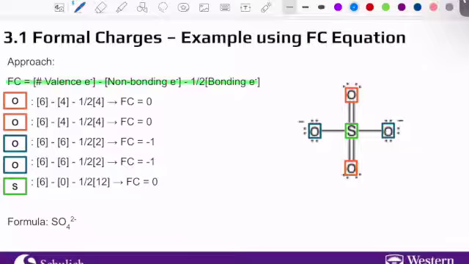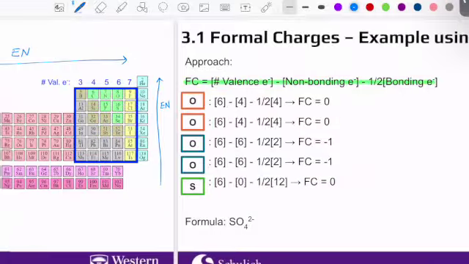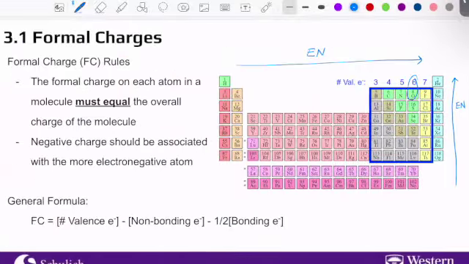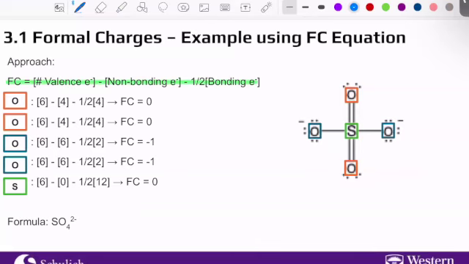We know that oxygen has a total of 6 valence electrons, meaning the formal charge is going to equal the number of valence electrons, which is 6, minus the non-bonding electrons, which really means just lone pairs.